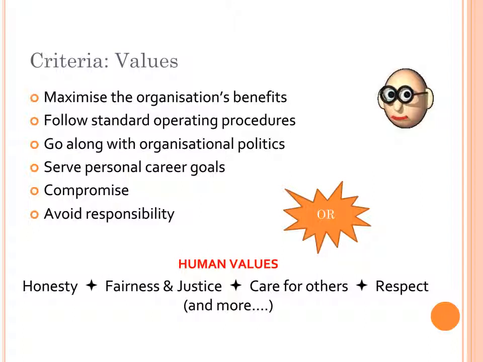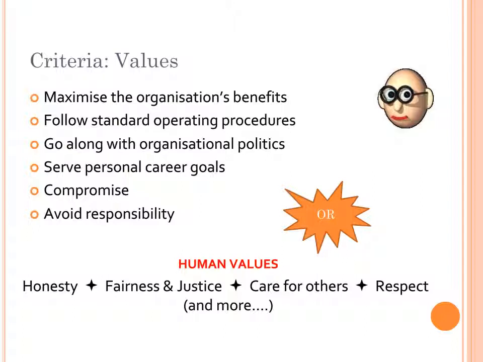Against those pressures, the pressures to maximise the organisation's benefits and so on, there are the human values. Now you can list those how you like. There are lots of different ways to list human values. But we don't disagree about these headline values. All of us, I think, would agree that honesty is an important value, that fairness and justice are important values, that caring for other people and respecting other people are important human values.